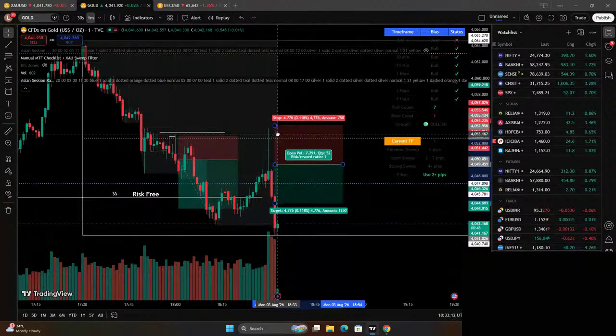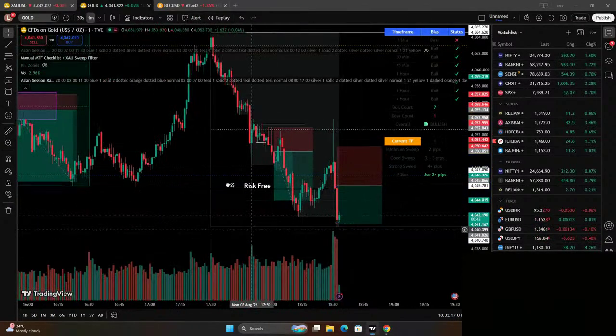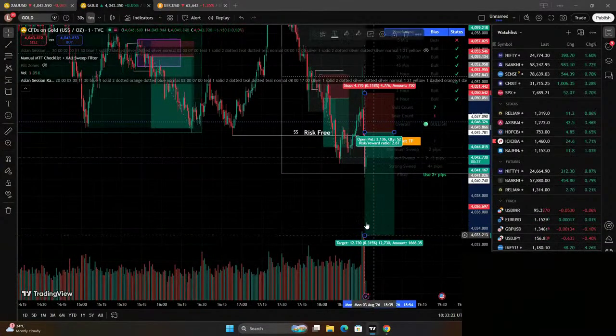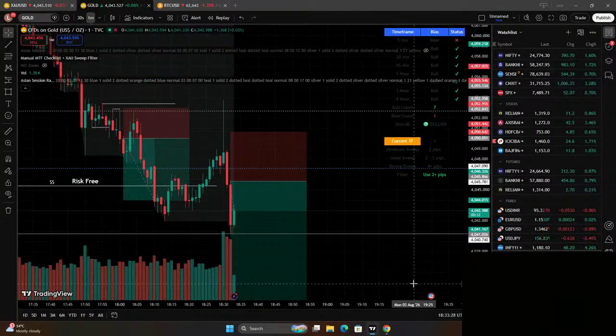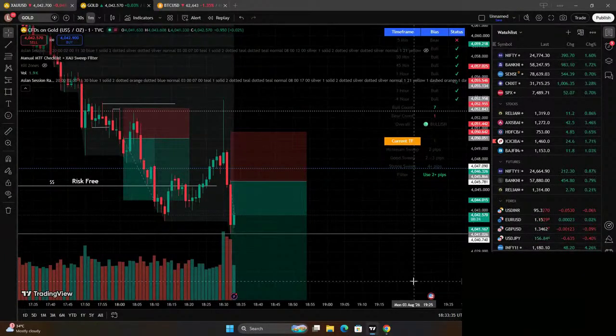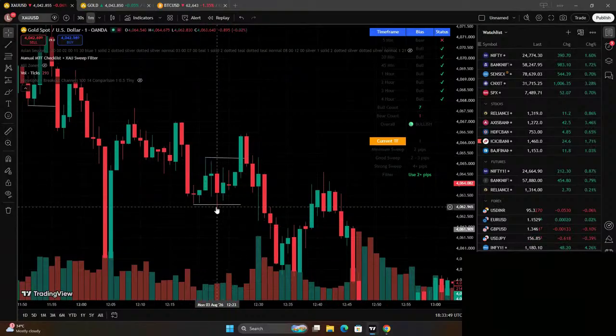But I'd like to wait for the price to retrace back to this. It can still go down from here. Personally, I'd like to wait for that retracement. I personally believe that it requires a 3 plus sweep over here, I think.